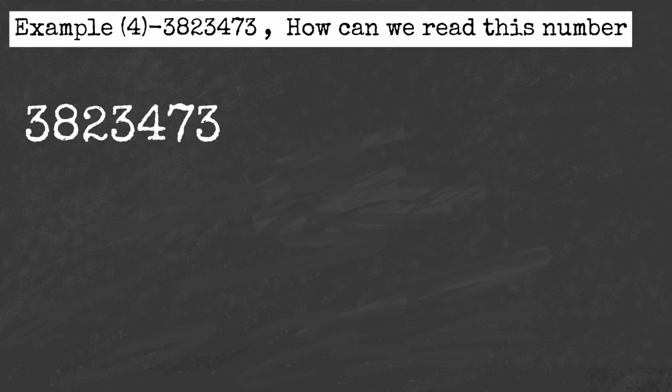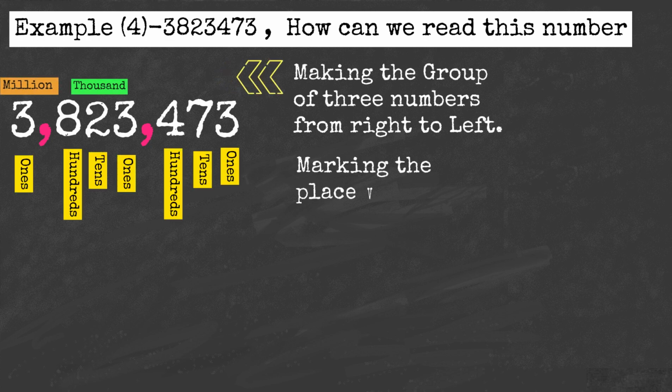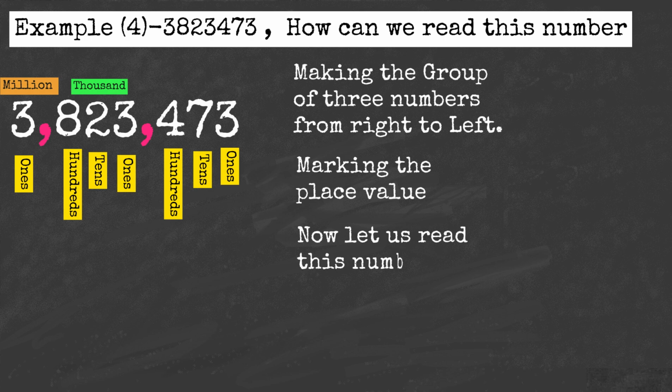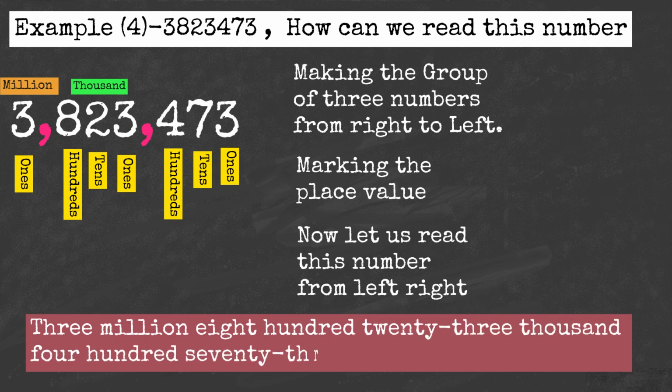Example 4. How can we read this number? Making the group of three numbers from right to left. Marking the place value. Now let us read this number from left to right. 3,823,473.